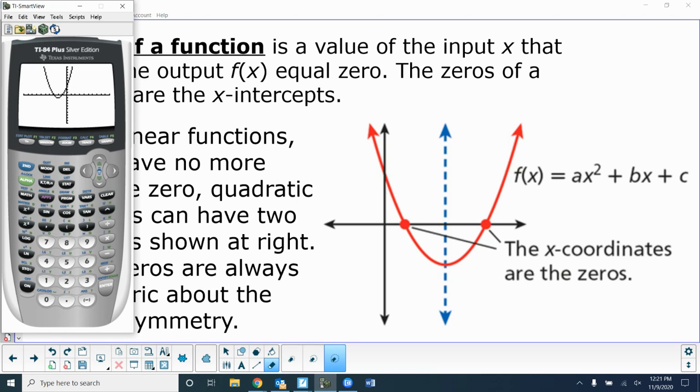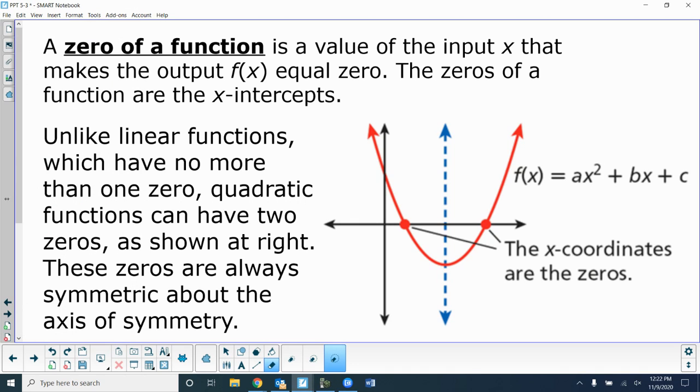They're actually -1 and -3. If I go to my table, second graph, and go to -1 and -3, what do you see in the y? Zeros. Those are my two zeros. That's doing it graphically. Just put it in the calculator and look at it, see where it crosses the x-axis. That's easy, right? Questions?